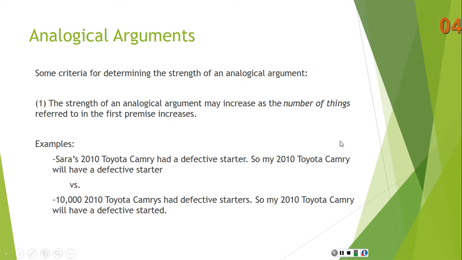But the fact that the number of objects being referred to in the first premise increases has an impact on the strength of the analogical argument. Not always, but in this case it does. That's why I say may increase, because it doesn't always mean an increase in the strength of the argument.